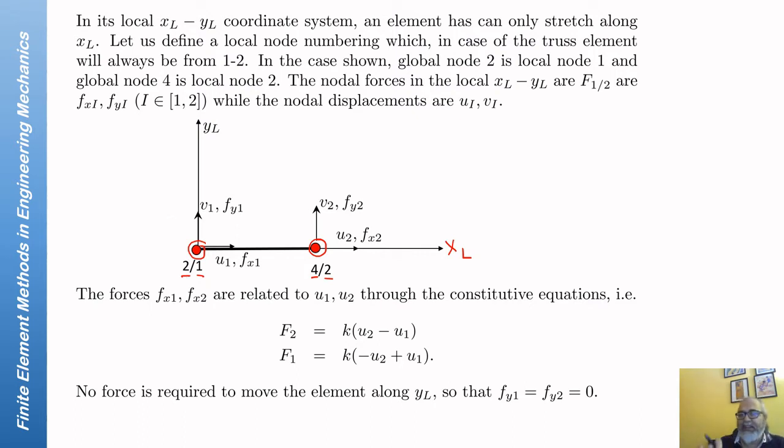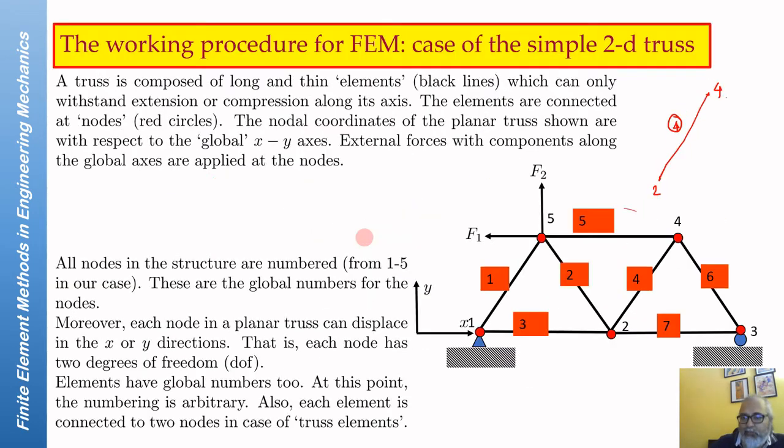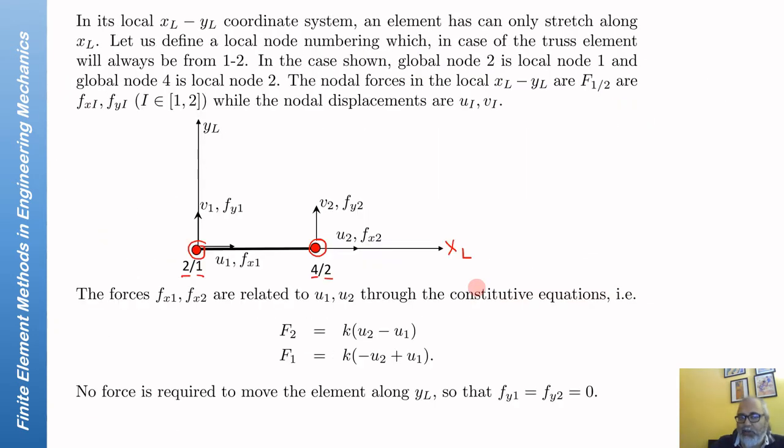Right now we have drawn the free body diagram of this element in the local coordinate system, and we are going to write the force displacement relations in the local coordinate system. But the degrees of freedom of this whole structure have to be finally defined in the global coordinate system. So we will first write it in the local coordinate system because it's easier to write.